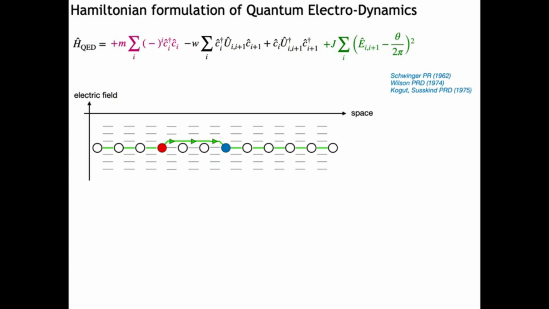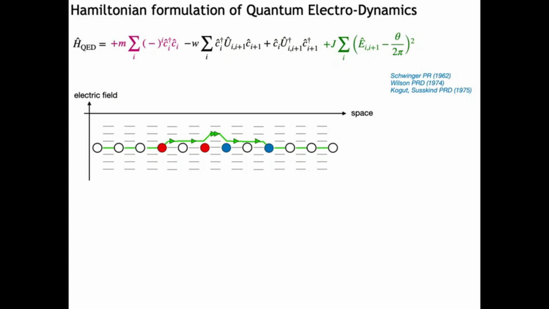And this annihilates the pair and simultaneously also raises the electric field. So we create a longer electric field string that connects the two particles, and so on and so forth. So these are the elementary transitions allowed by the gauge invariant Hamiltonian. So we can create a longer electric string, and then we can create another particle pair with an even higher value of the electric field, and so on and so forth.